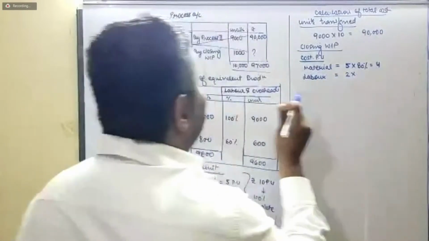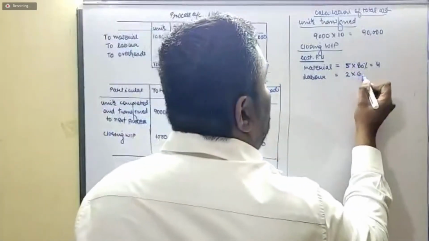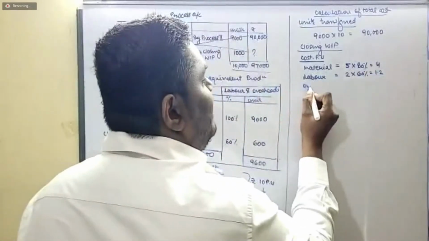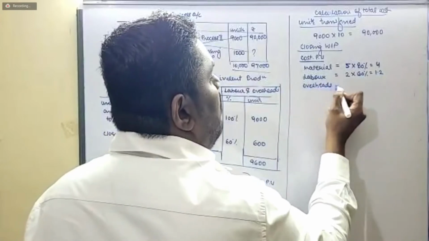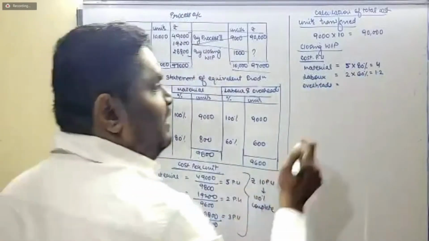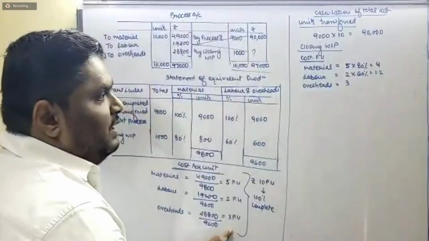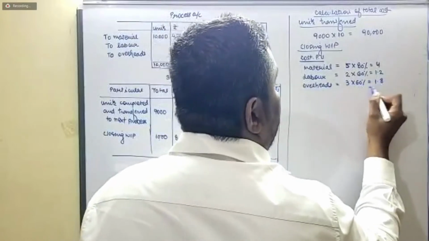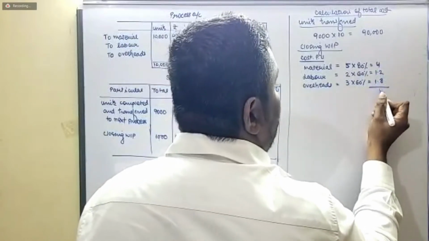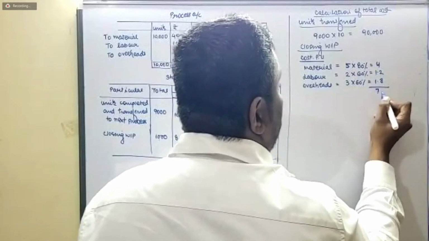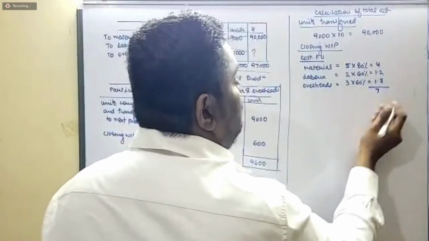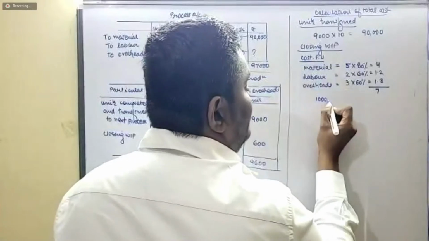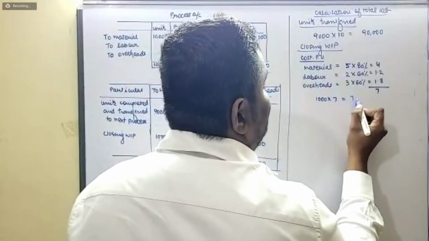Rupees 2. And the percentage completion of labor? 2 into 60%, that is 1.2. When talking about overheads, how much is the total cost per unit of 100% completed unit? Rupees 3. Into the percentage of completion is 60%. So this will be 1.8. So 4 plus 1.2 plus 1.8. Herein we have got the cost per unit of the units that are still in process, that is rupees 7 into 1,000. So 1,000 into 7, that is 7,000.